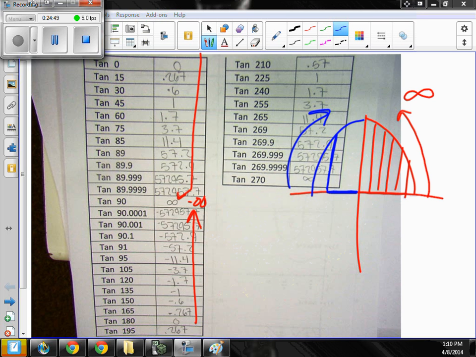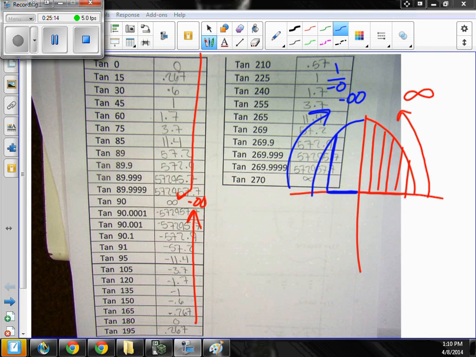So this is 1 over negative 0. So it actually approaches negative infinity. So not only is the tangent of 90 not a real number, it's two different numbers if you approach from different directions. So tangent of 90 is simultaneously infinity and negative infinity. It just depends on which direction you're coming from.